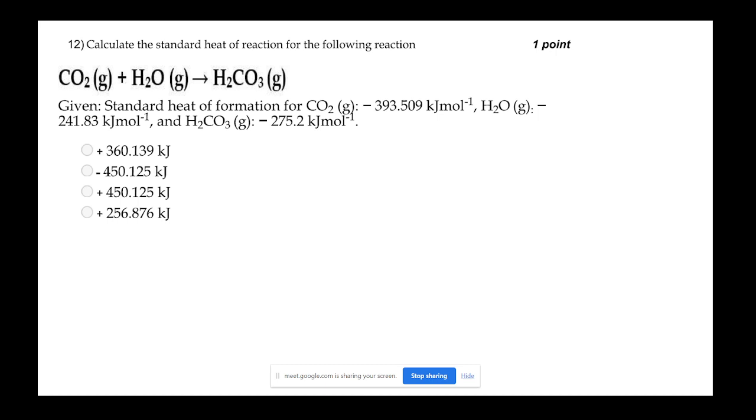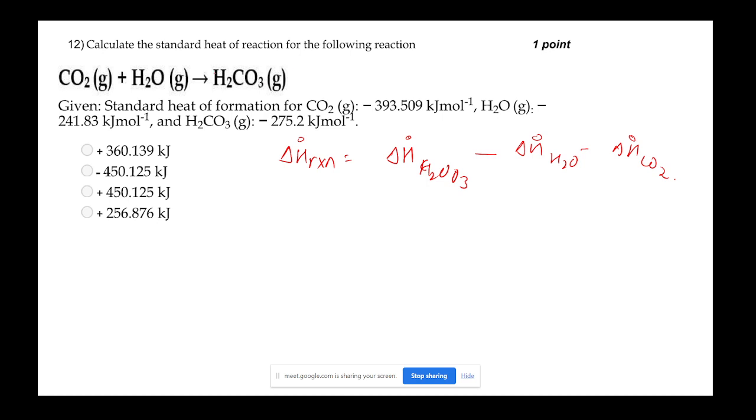The next question is: calculate the standard heat of reaction for the following reaction. To find the standard heat of reaction, it will be delta H naught for H2CO3 minus delta H naught for H2O minus delta H naught for CO2.